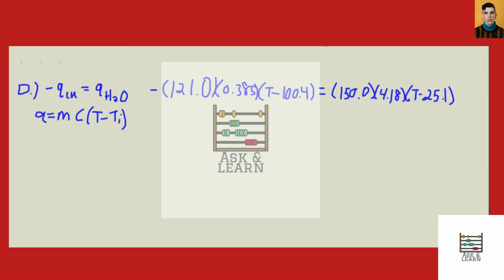Now we plug everything into our calculator. So 121 times 0.385 is going to be minus 46.599, and then we have our variable T here. Then we're going to add, because if you have a negative and a negative, it cancels out.